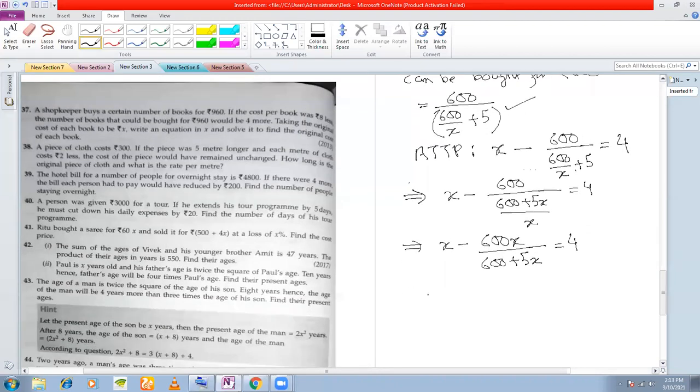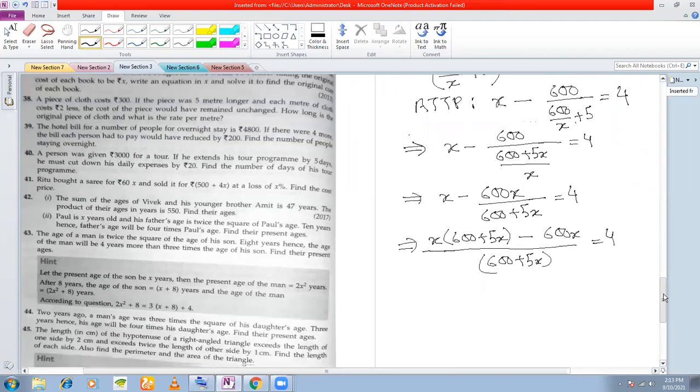So now you take the LCM again. 600 plus 5X will be your LCM. And here you are going to get X into 600 plus 5X minus 600X is equal to 4.